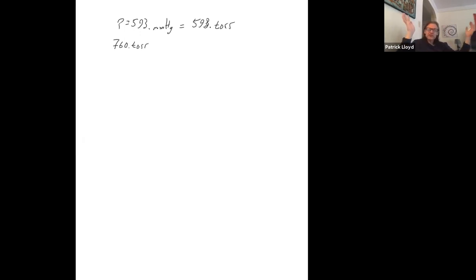You can also write 760 millimeters of mercury is equal to 1 atmosphere. So actually, that shouldn't have a decimal there, right? Because that would make you think it only has 3 significant digits, but it's an exact definition. This is exact. Okay. So 593 torr, we want to go to atmospheres.